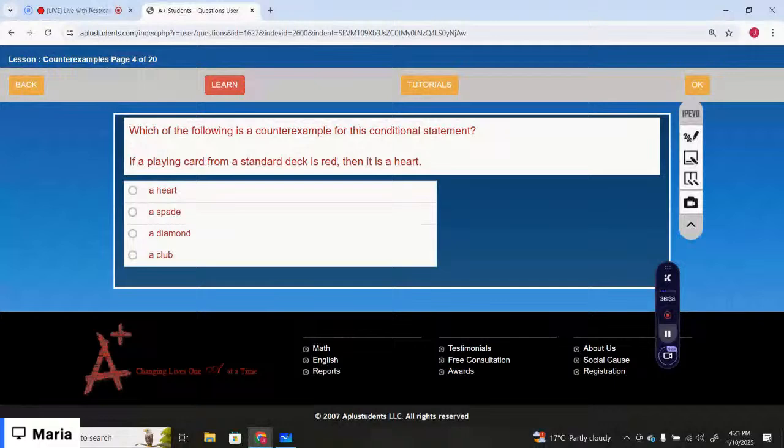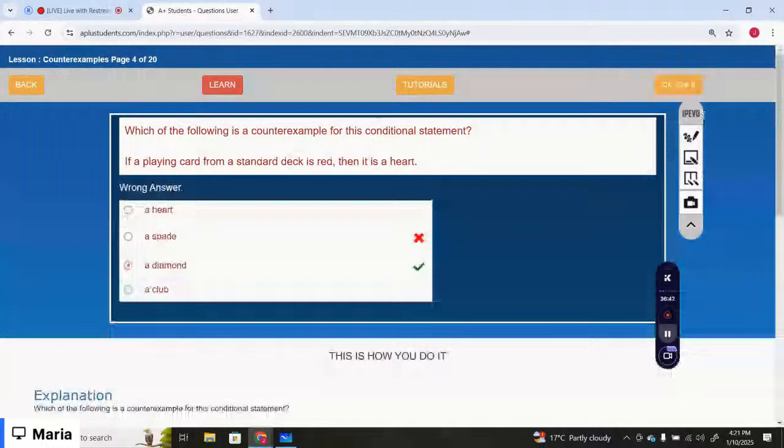The correct option is a spade. Oh, that is a diamond.